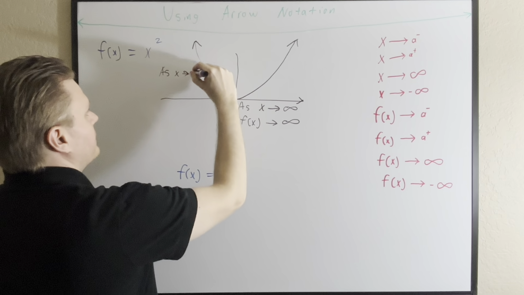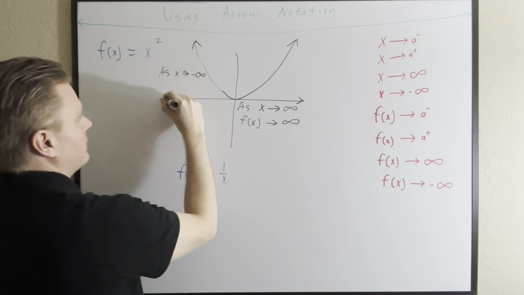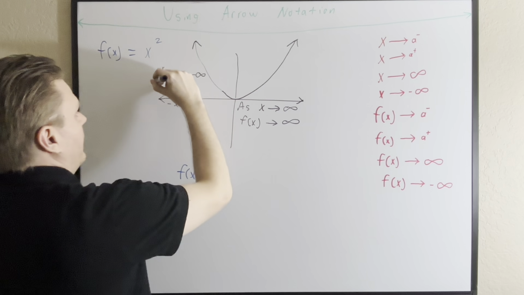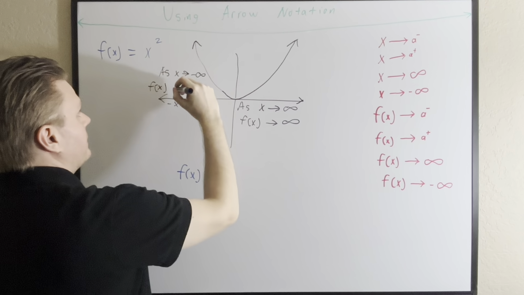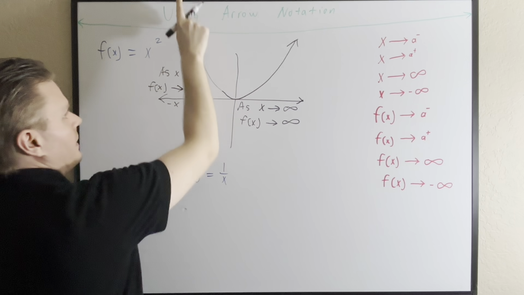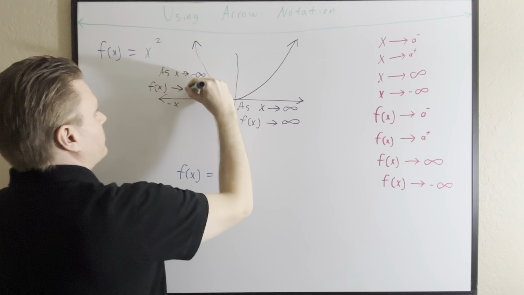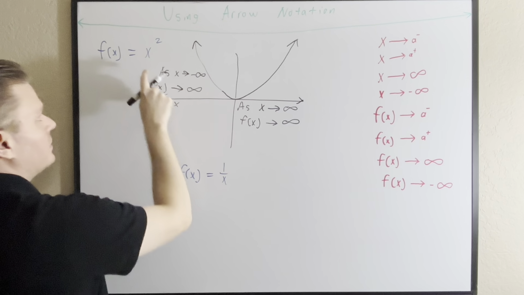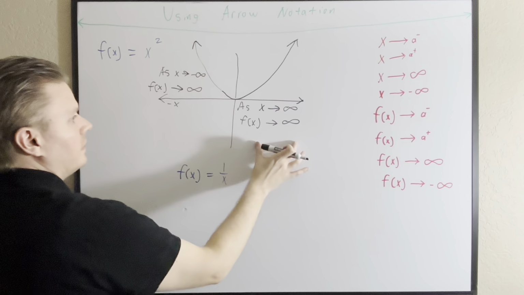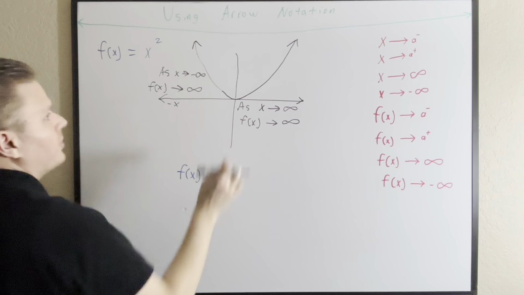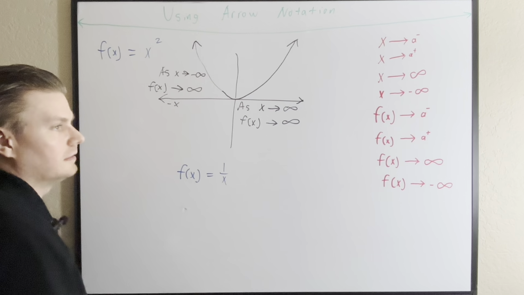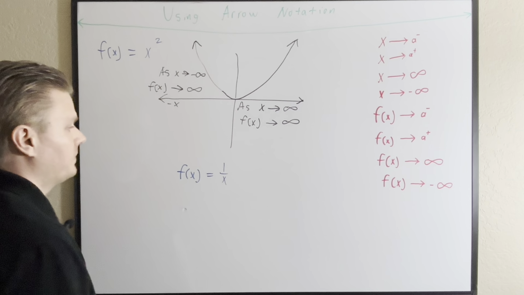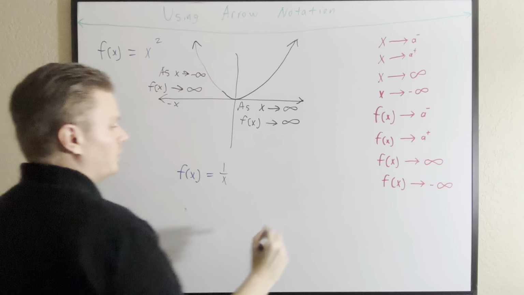As X approaches negative infinity, because it's getting smaller, going off in the negative direction, f of X is not getting smaller. It's still going up. So it's approaching positive infinity. So that one change describes a parabola as opposed to a line. Interesting.